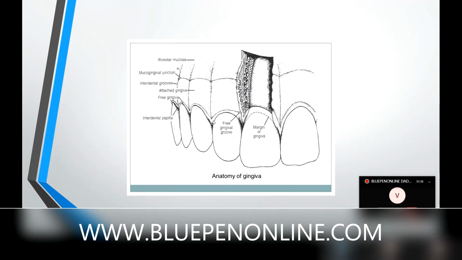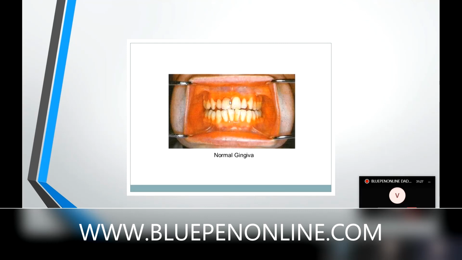The gingiva near this border is called free gingiva or marginal gingiva. The gingiva attaching to the tooth is called attached gingiva. Here, below this free gingiva is attached gingiva. In between the teeth is called interdental papilla or interdental gingiva.